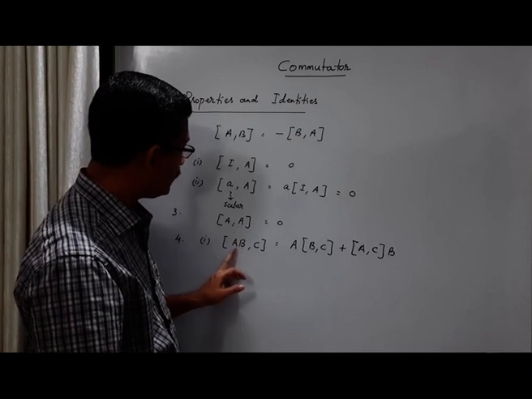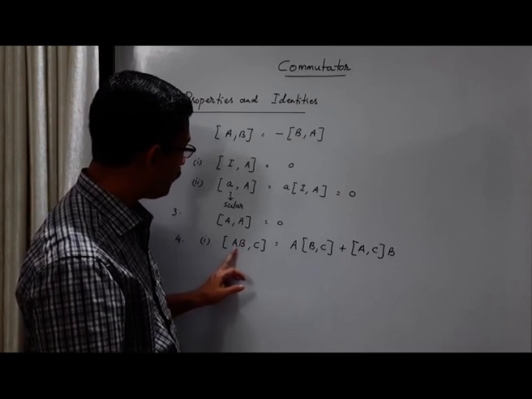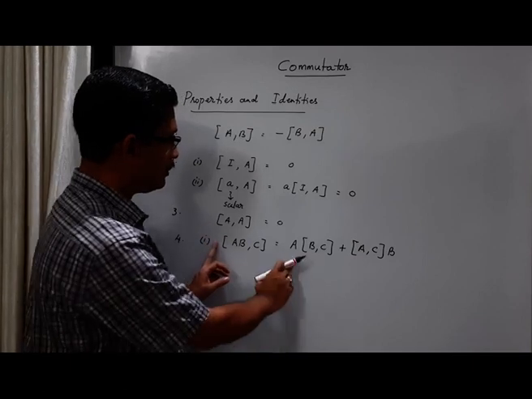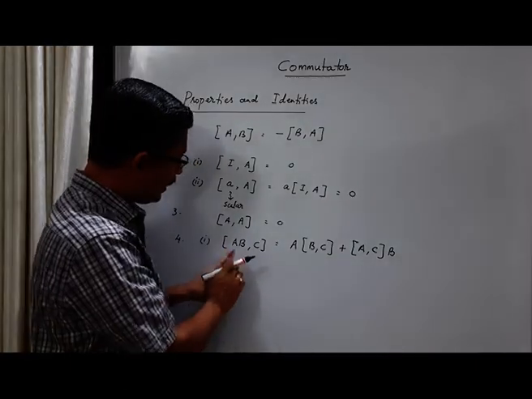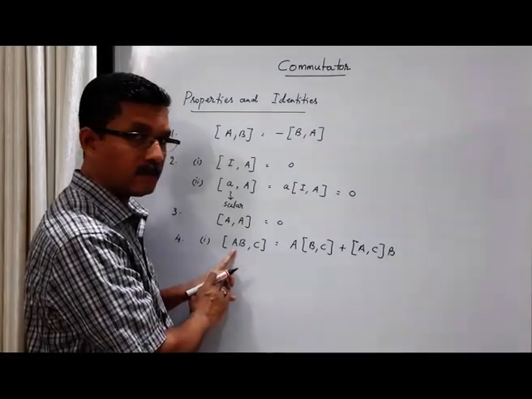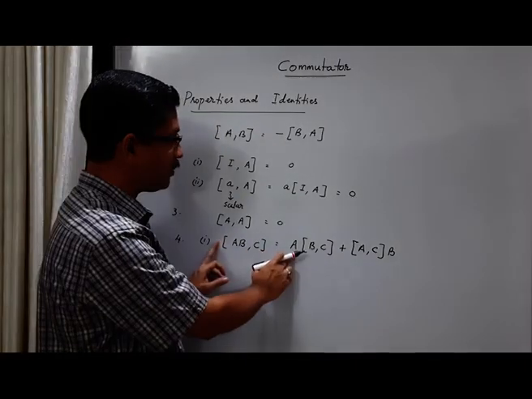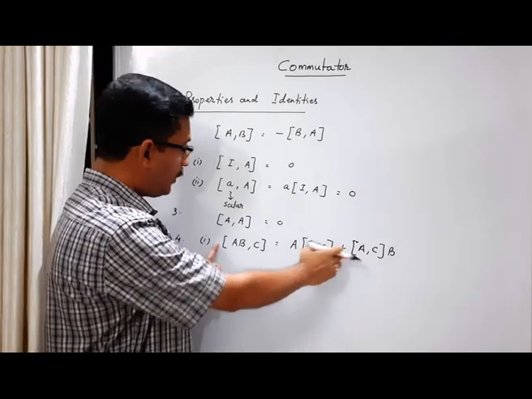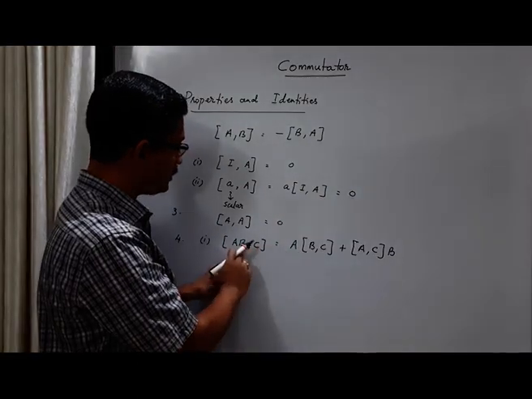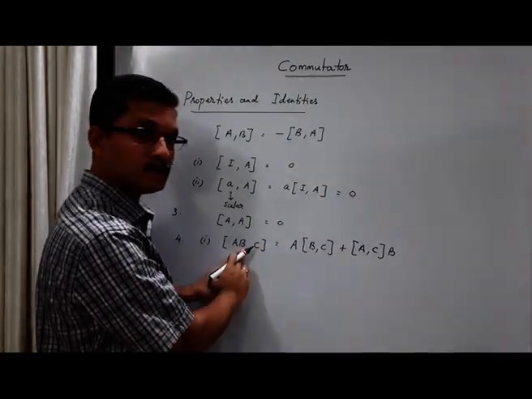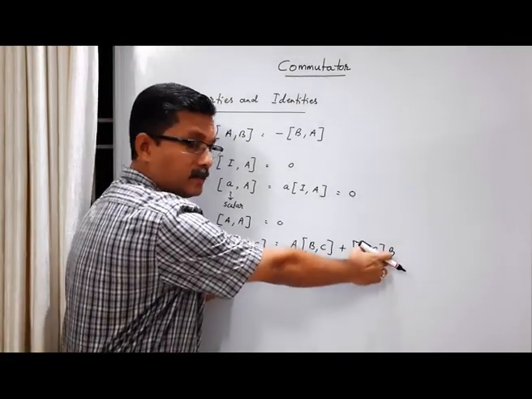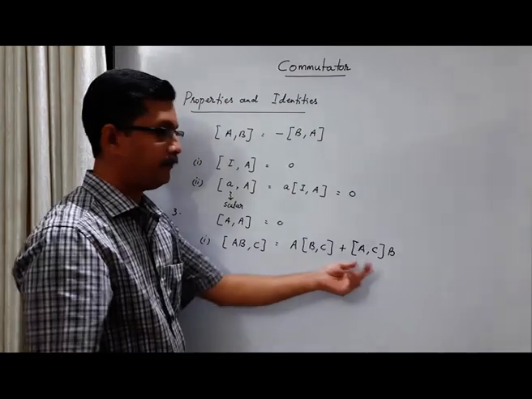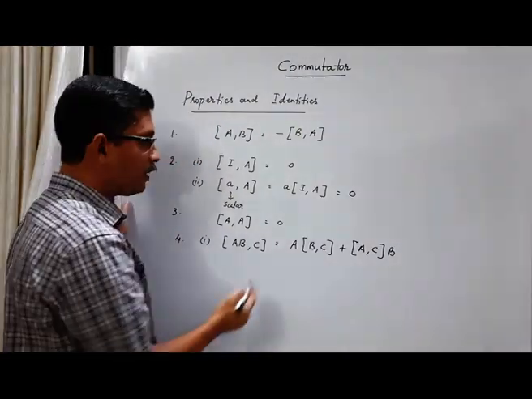In this product, first take one operator outside. A you can take out, then you get A times the commutator of B, C. A appears on the left side here, so when you take it outside, it should appear on the left side of the commutator. Plus, then you can take B outside. Now B appears on the right side of this product, so when you take B outside, it should also appear on the right side of the commutator. The remaining term is the commutator of A and C.